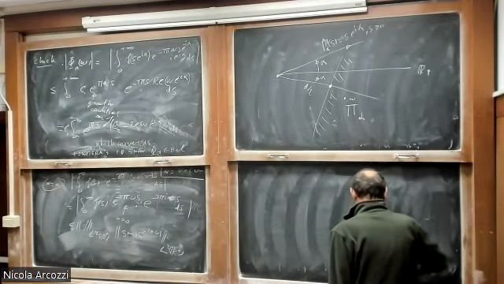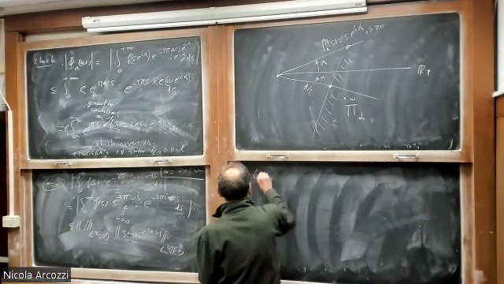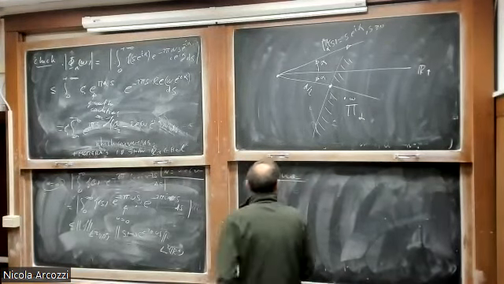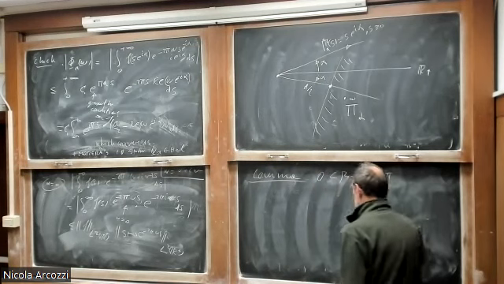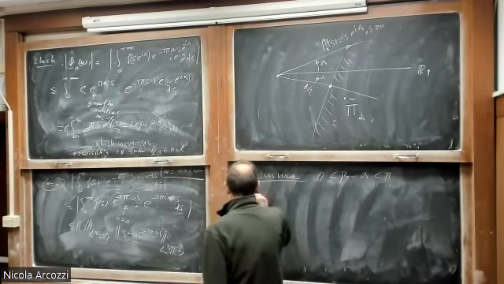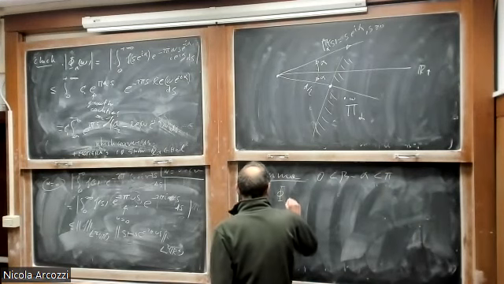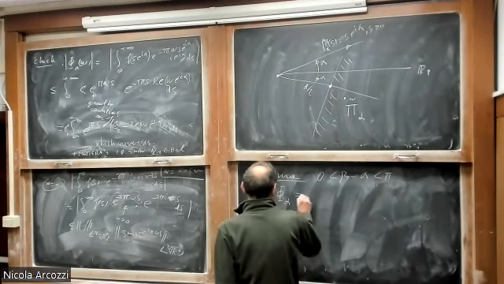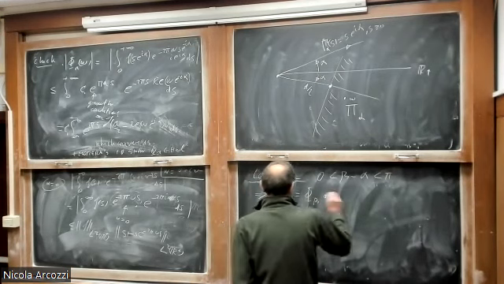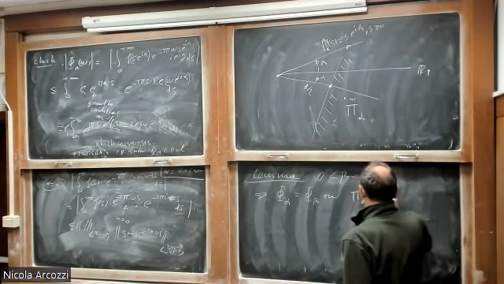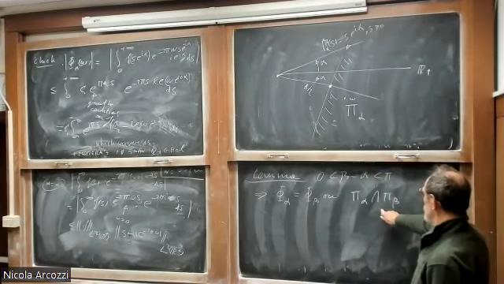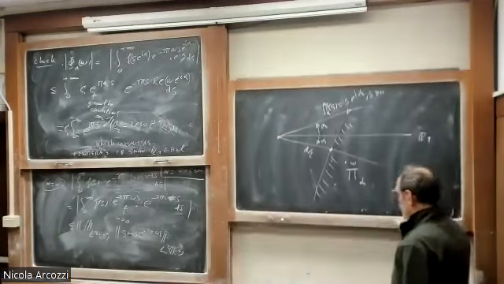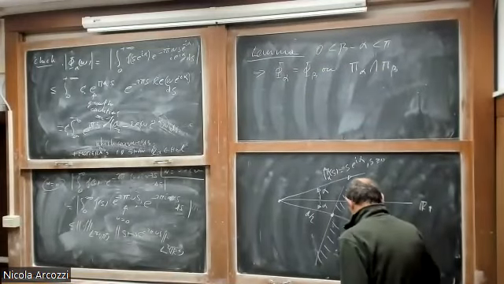The next lemma says that for alpha and beta between 0 and 5, we have that phi alpha is equal to phi beta on the intersection of the domains. So we're going to verify that.